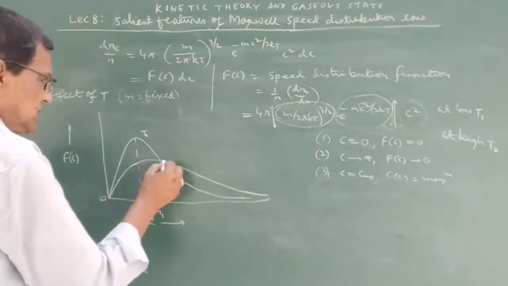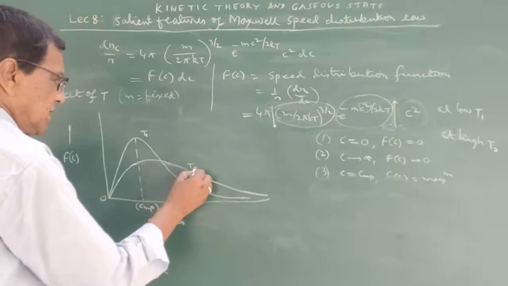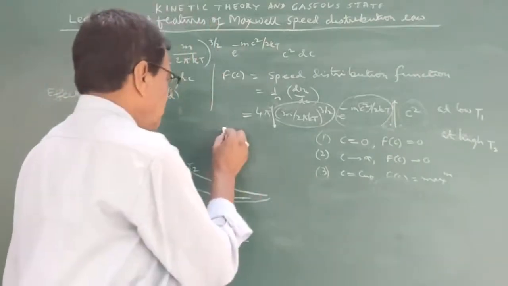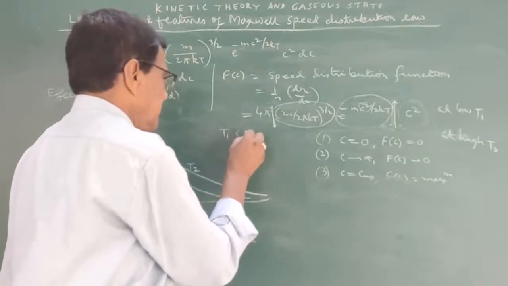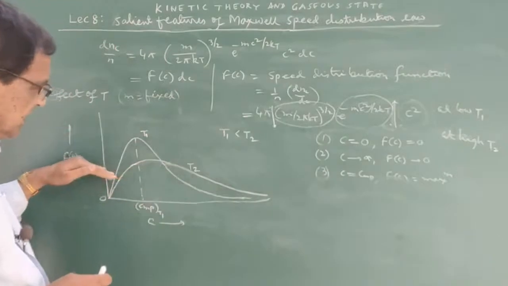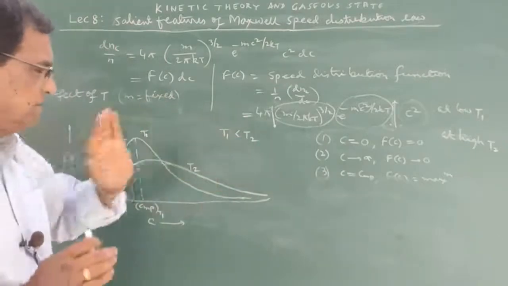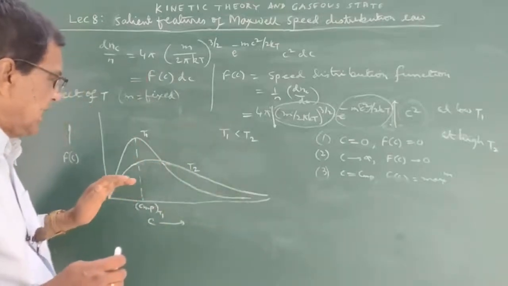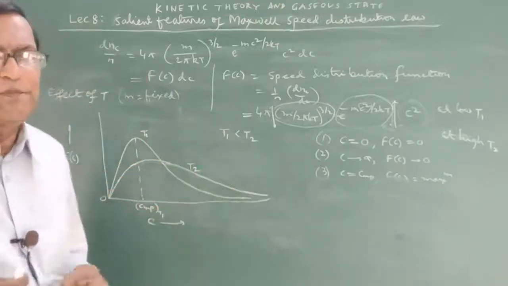So this is at the temperature T2, and T1 is less than T2. With the increase of temperature, this curve becomes more flat, more shallow, and more uniform.